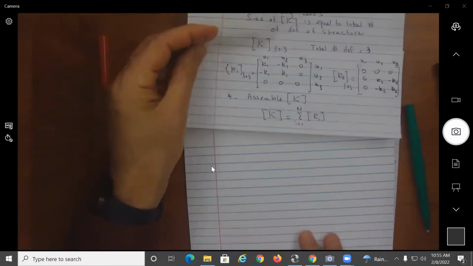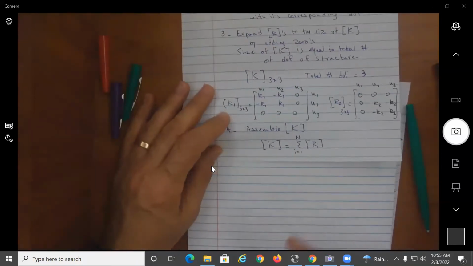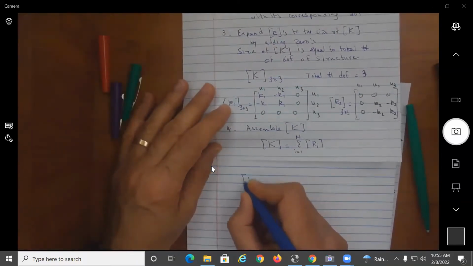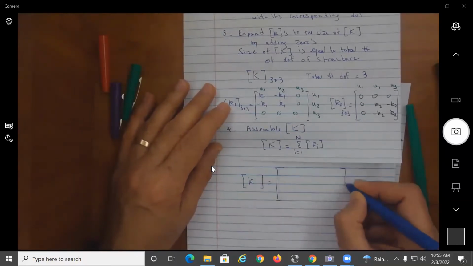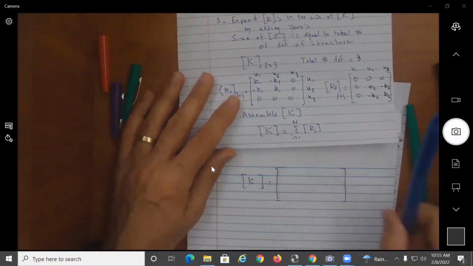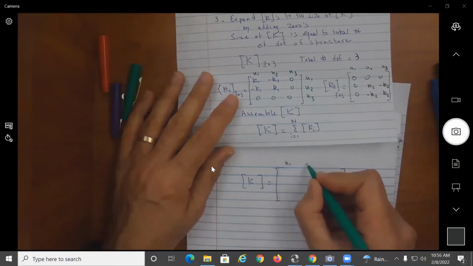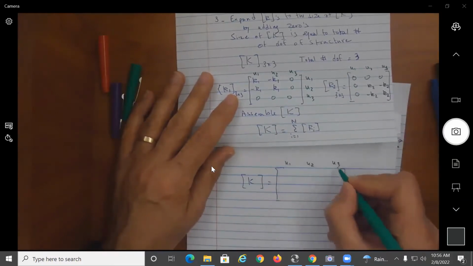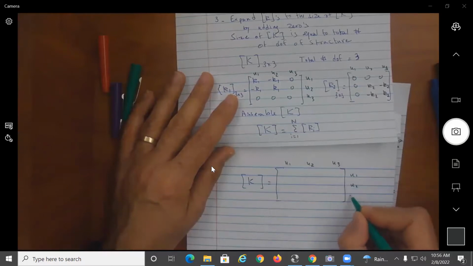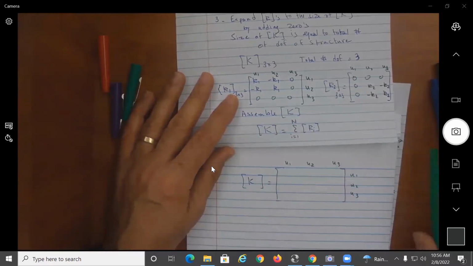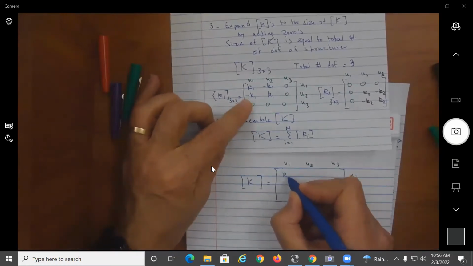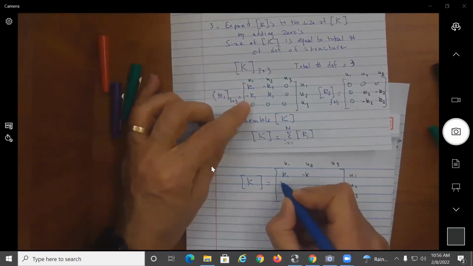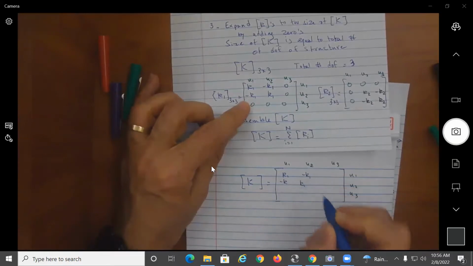So let's apply it. So I'm going to come here and I would say that K, which now we know is a 3 by 3. So this is U1, U2, U3, U1, U2, U3. I'm going to put a K1, minus K1, minus K1 and a K1.